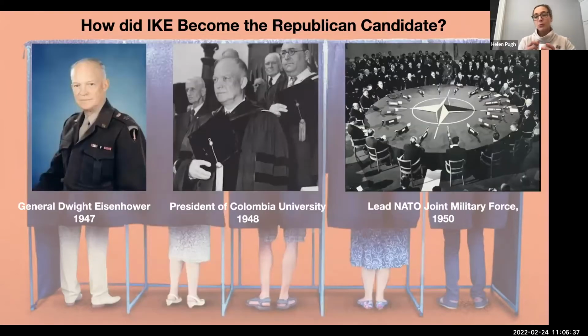So after World War II, Eisenhower served as the Army Chief of Staff. He had a really big job in World War II. He was the Supreme Allied Commander of the Expeditionary Forces. So it's a big title. All that means is that he was the leader of every single Allied troop that was fighting in World War II.